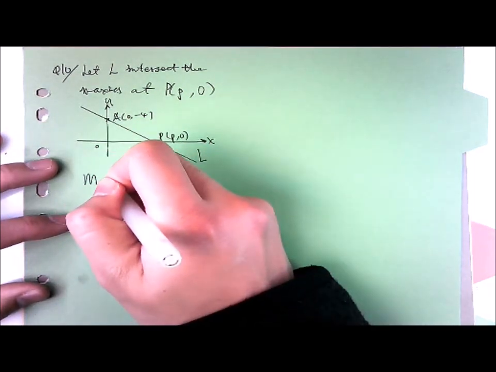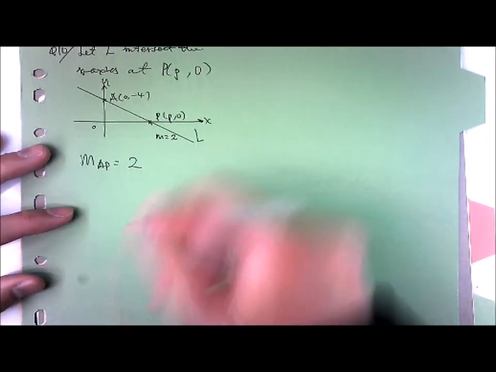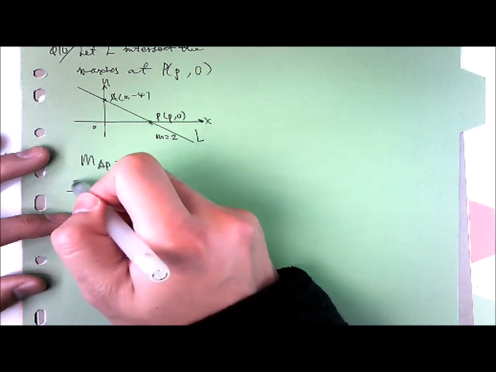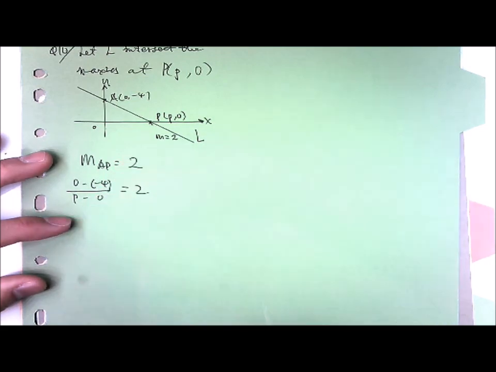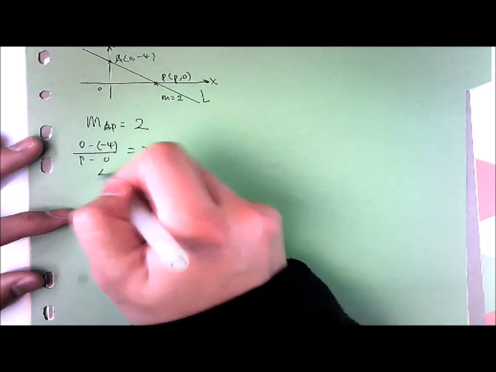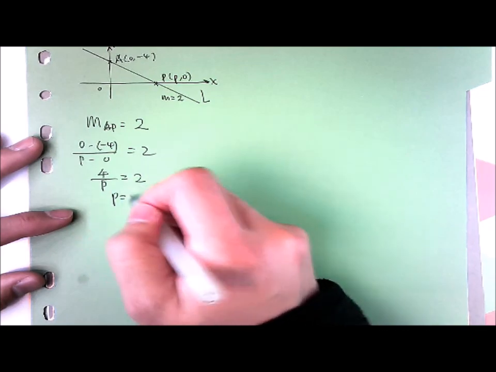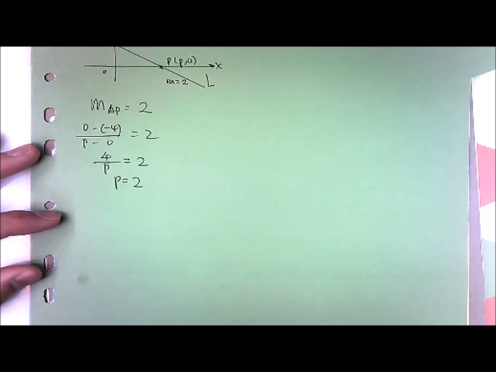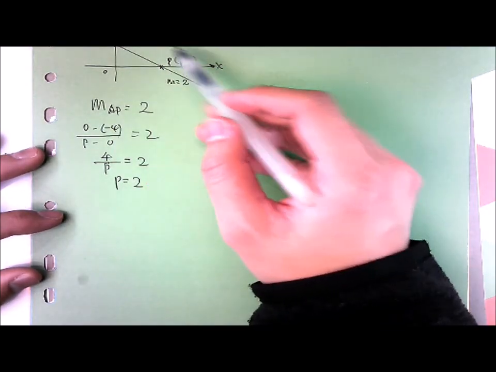So here, MAP equal to 2. Just form the formula: 0 minus, this is negative 4, then this is 0. 4 divided by p is 2, and then p actually equal to 2. Let's check. Let me see.